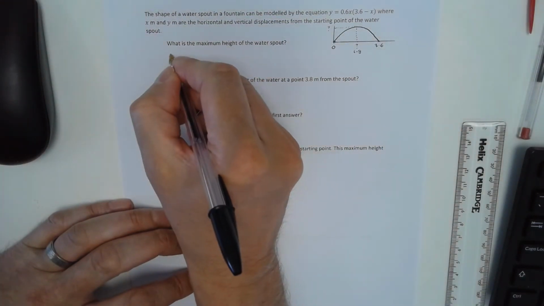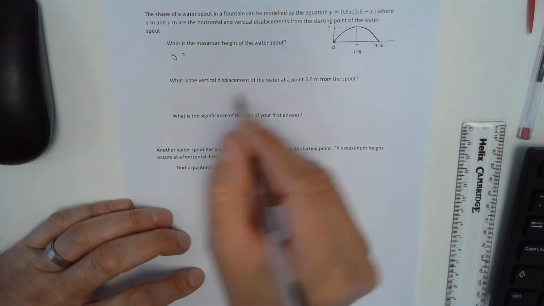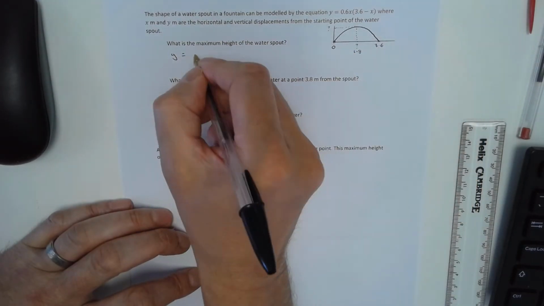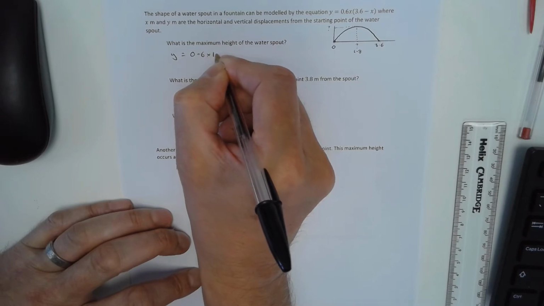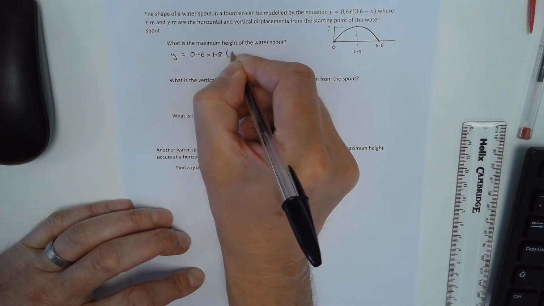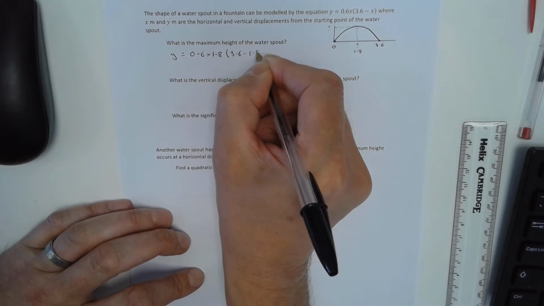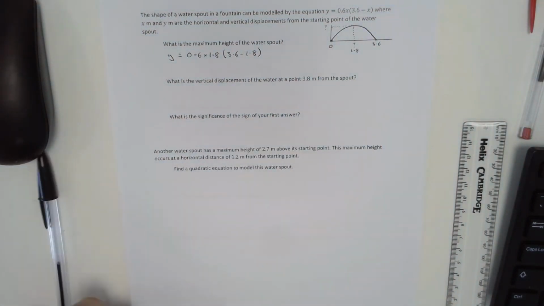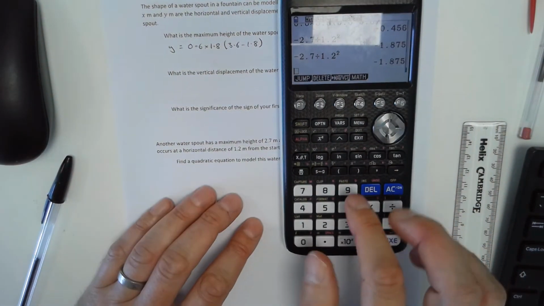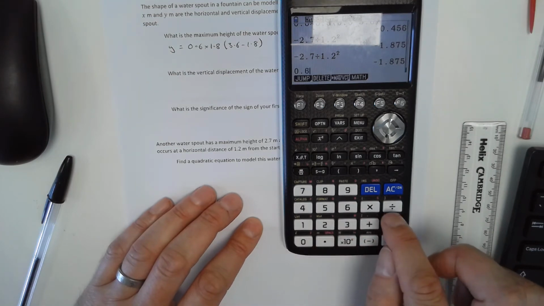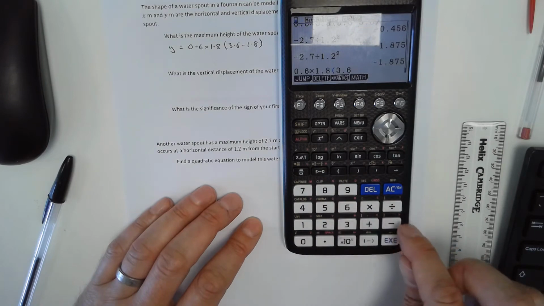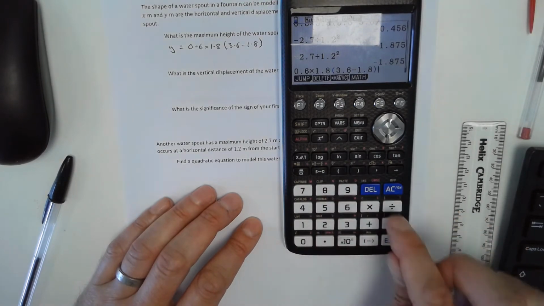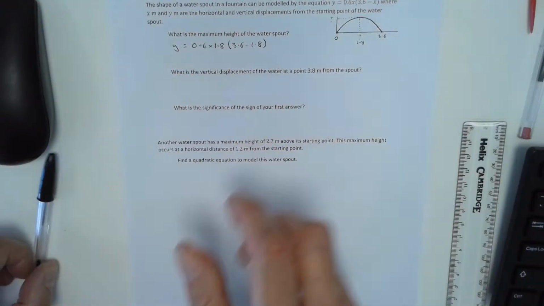So actually the max point is going to be at where x equals 1.8. So I end up with 0.6 times 1.8 times 3.6 minus 1.8. And we'll put that into our calculator.